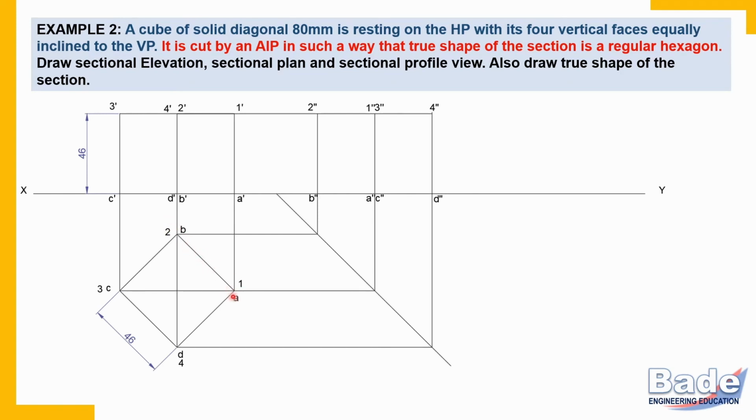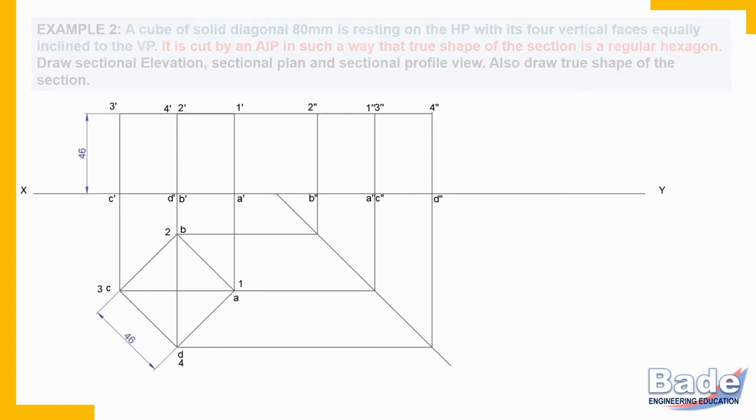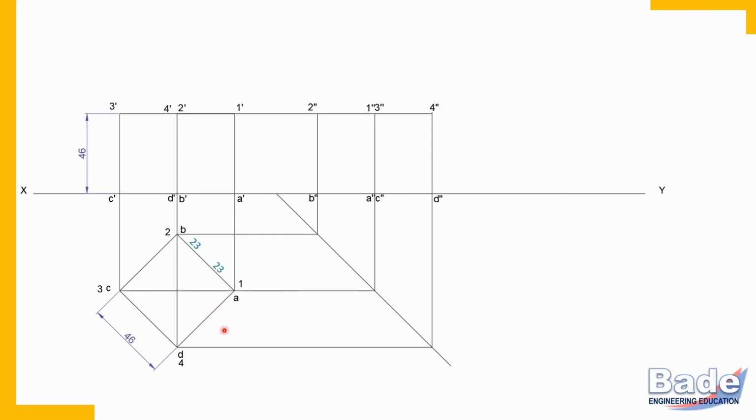In the top view, the same edge 1, 2, here it is 1, 2, gives the true length. So here we can measure 23 millimeters to locate the midpoint. And this midpoint we can transfer here to the top. So this is the point, S and T, that is, the cutting plane should cut the top edges at this point. Similarly here also, at the base, edges BC and CD, the cutting plane should cut at their midpoints. So get the midpoints from the top.